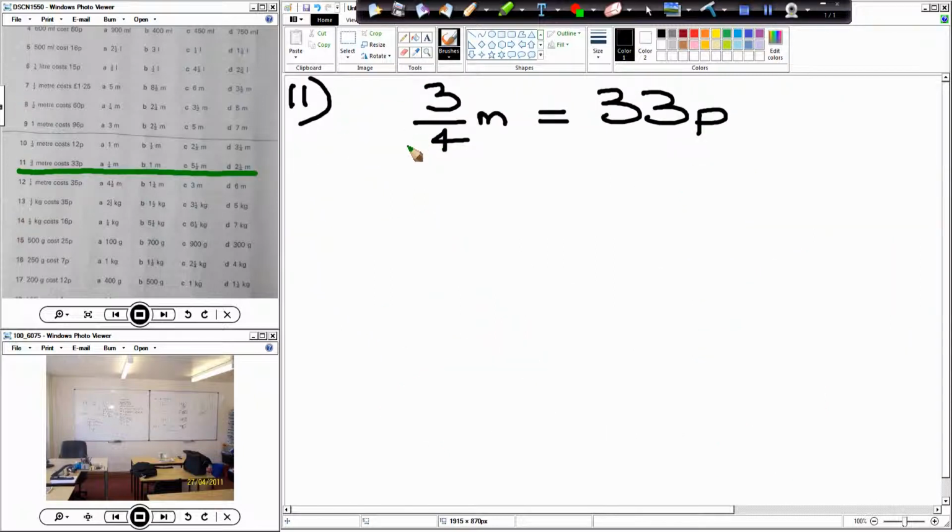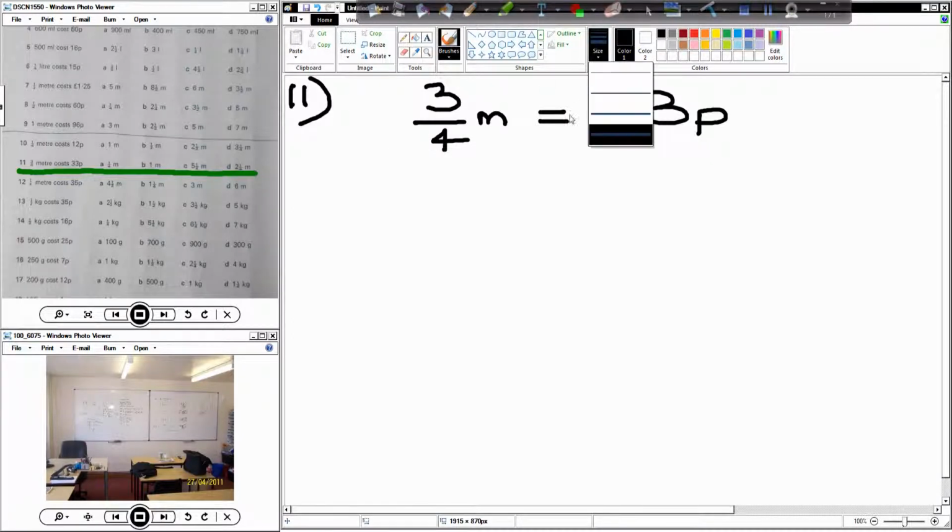Okay, question number 11. We have to go from 3/4 of a meter. All of these numbers, read it out to me. Okay, next one is a quarter meter.